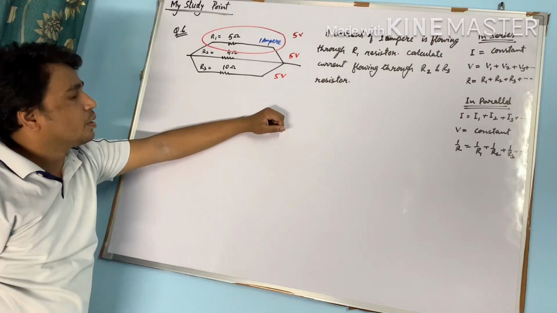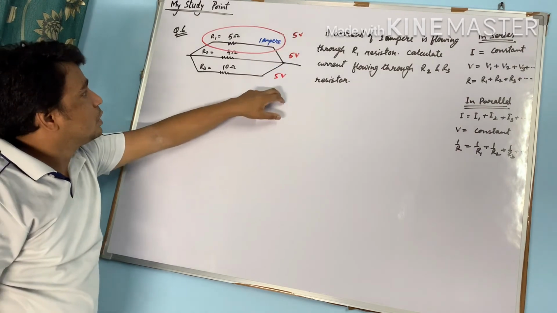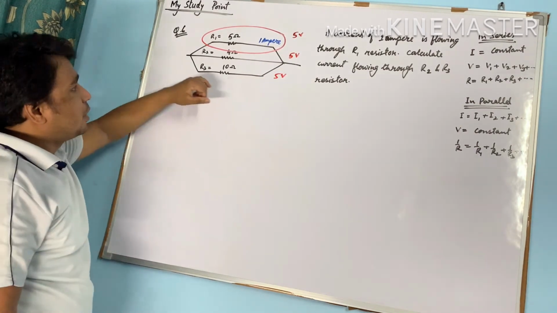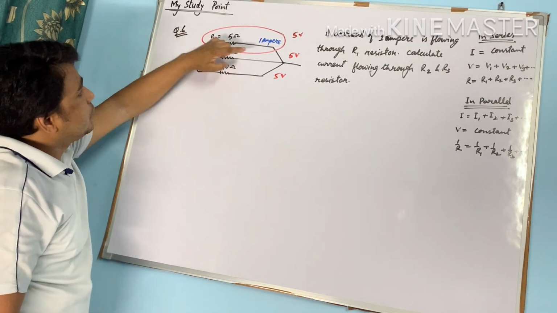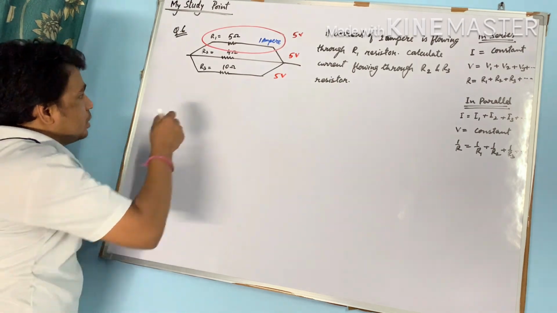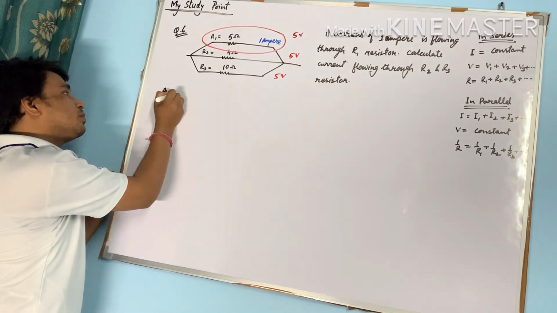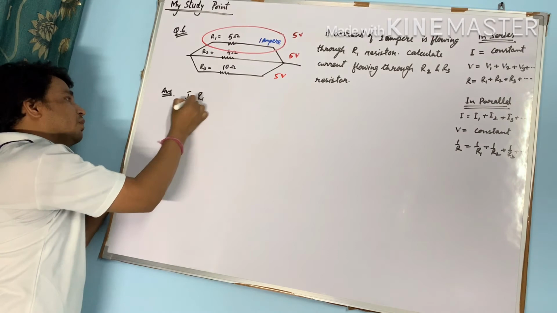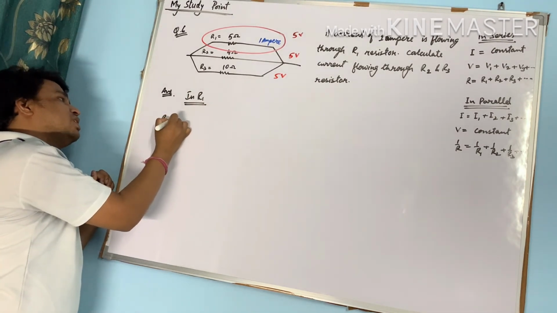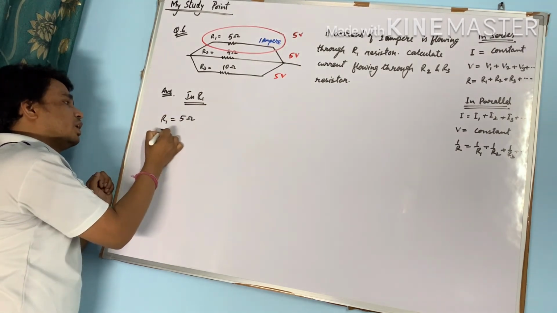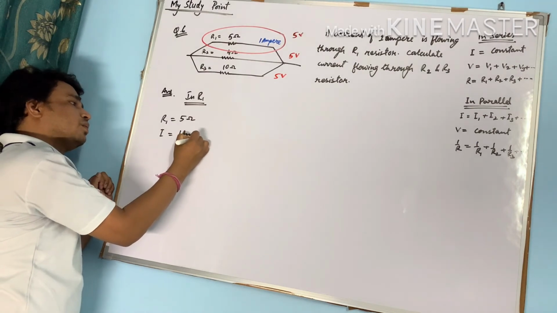Now we know the voltage in all these three resistors. Now we have to calculate the current, so use Ohm's law in each resistor. In R1, 5 ohm is given, current is given 1 ampere.